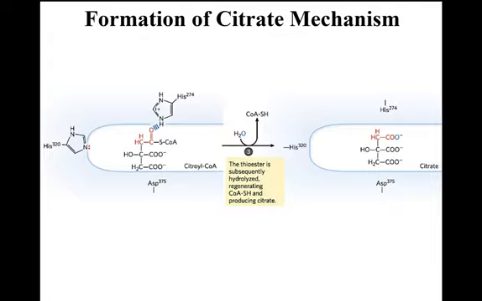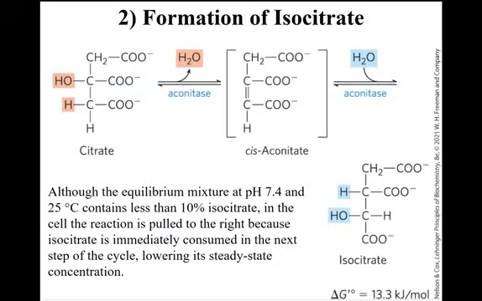With that, hydrolysis happens and releases the coenzyme A, thus giving the free citrate for the completion of the first step of the citric acid cycle.